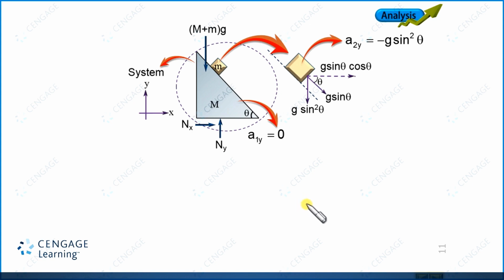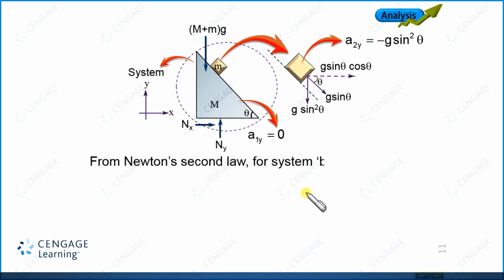Now let us apply Newton's second law for the system. In the system we include capital M and small m. We observe the acceleration of this block in the downward direction, and the acceleration of this in the downward direction is 0. That means the center of mass will move in the downward direction, we can say.